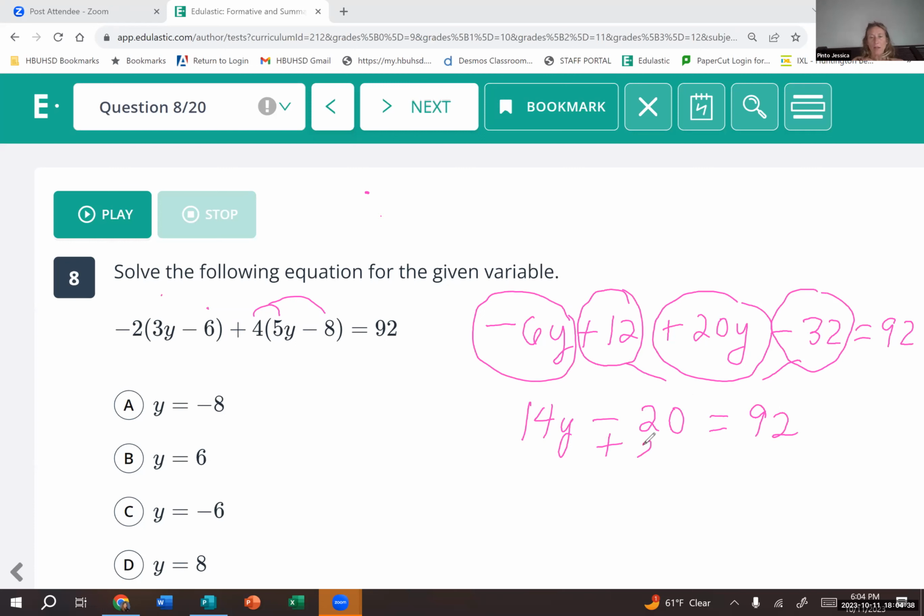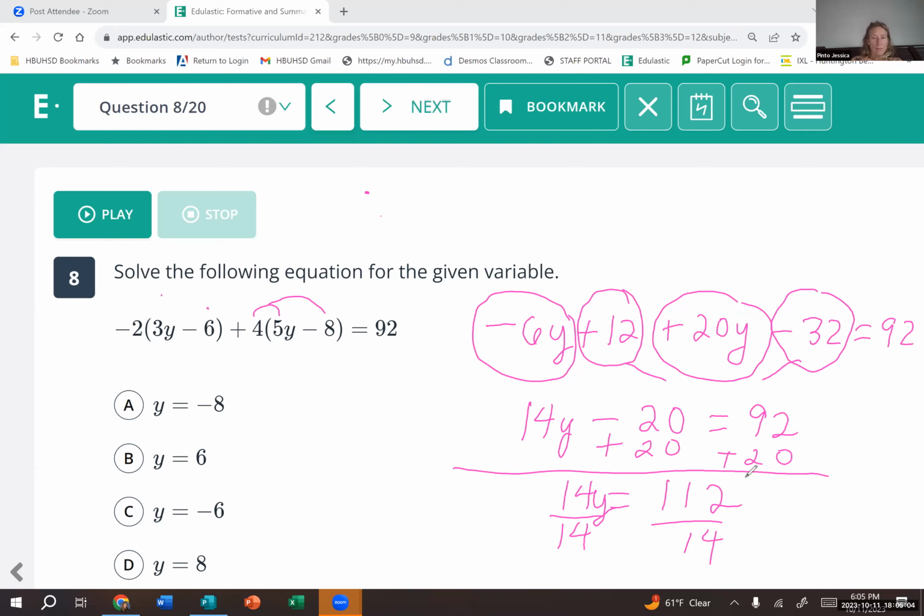I'm going to add 20. Then we get 14y is equal to 112. And oops, I forgot my y. Then I divide by 14. And let's see, it does not go in 10 times. It looks like it might be 8.